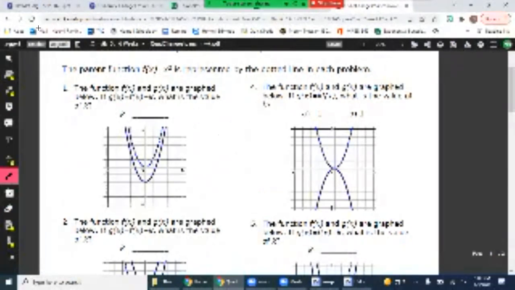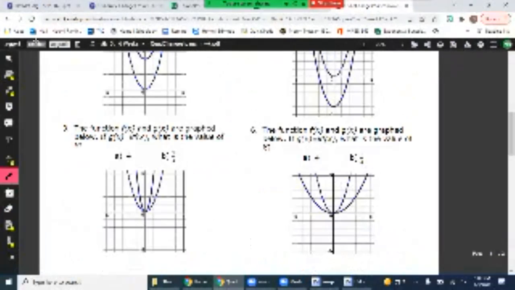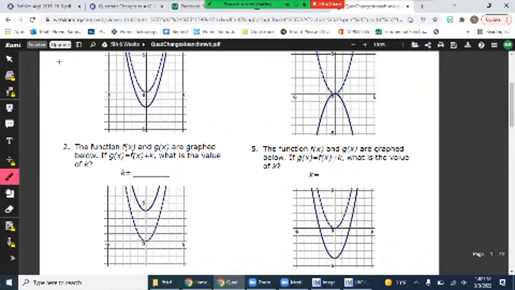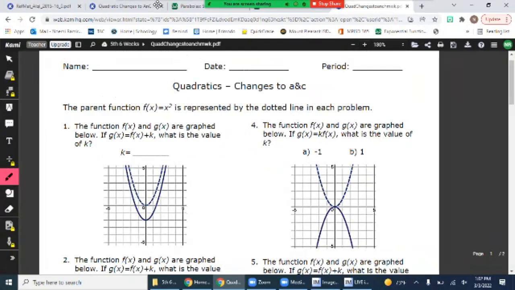So K right here is representing what? The value of C. Look down here. The K is in front of f of x, so K here represents what? And so we're talking about what? The stretch. Is it getting skinnier or fatter? Okay. So you're just going to tell me how many did it move up or down, or how many did it stretch? Okay. All right.